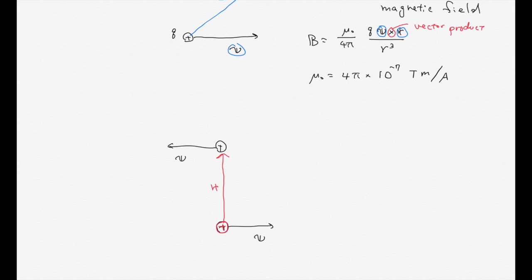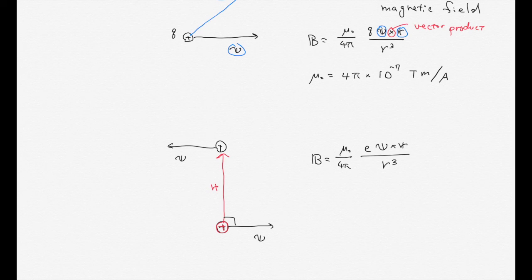Then what kind of magnetic field is produced by the red proton? The magnetic field B is mu naught over 4 pi times e, the charge of the proton, times v cross r over r cubed. At this point, v and r are perpendicular to each other.